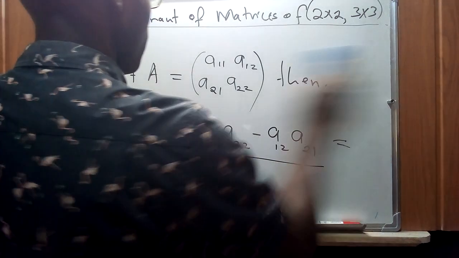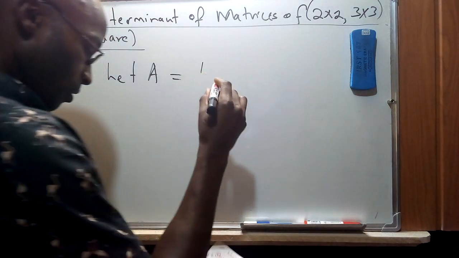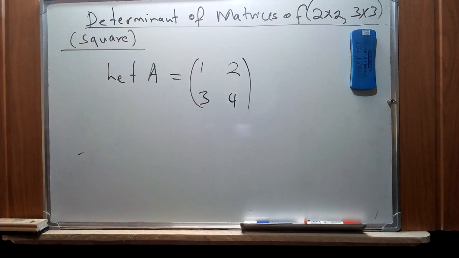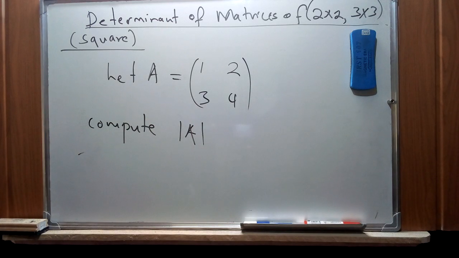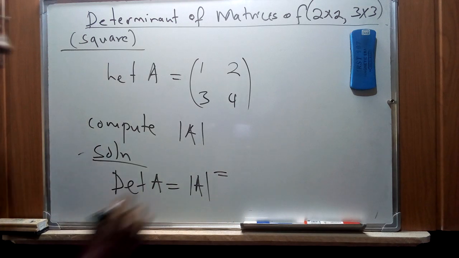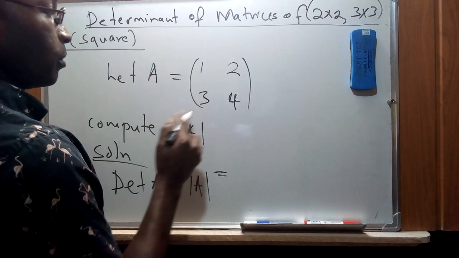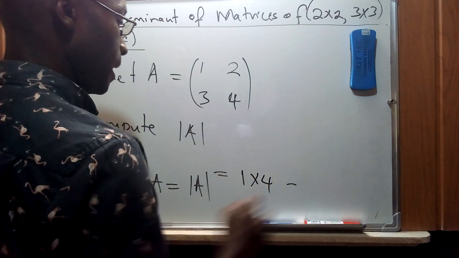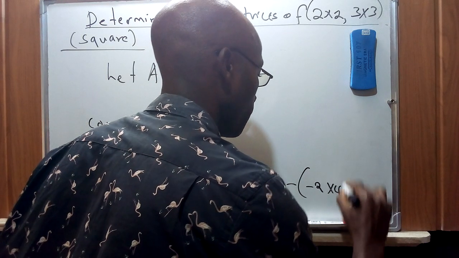Let's give a specific example. Let A be a 2 by 2 square matrix given as 1 2 3 4, and we are requested to compute the determinant of A. The determinant of A is found by multiplying the elements of the principal diagonal, which is 1 times 4, minus 2 times 3.